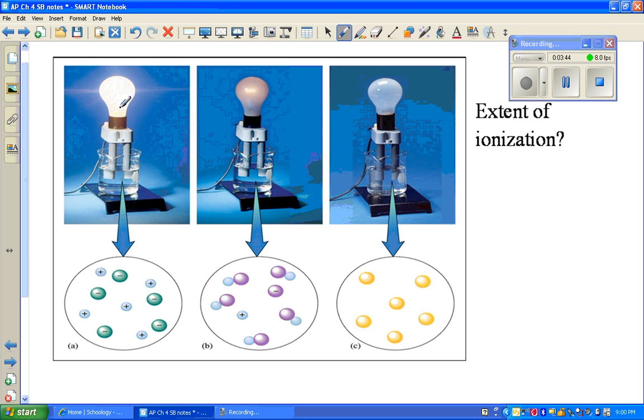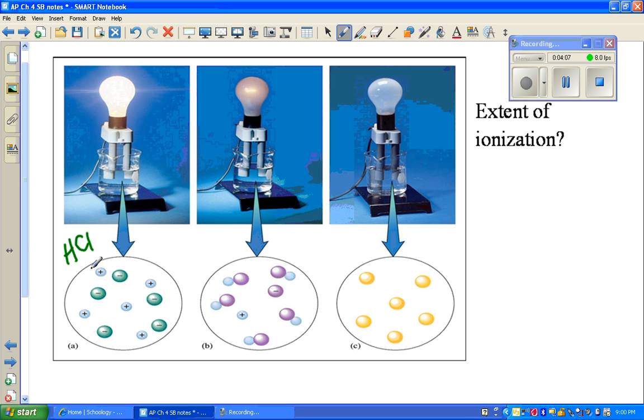Well, this is showing that the light bulb is glowing very brightly. It's lit up maybe a little bit here, and then not at all with this one. So this would be a good example of HCl. You should recognize that as hydrochloric acid. All acids are going to light up a light bulb fairly well, especially a strong acid, which fully dissociates.